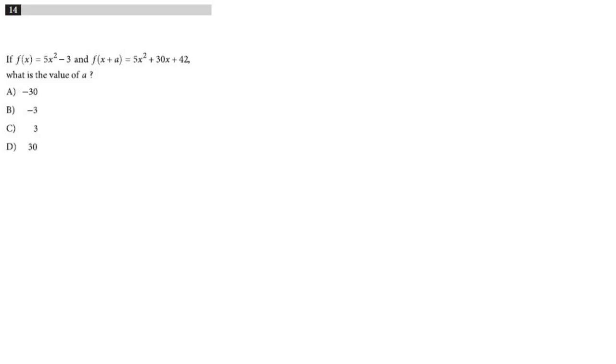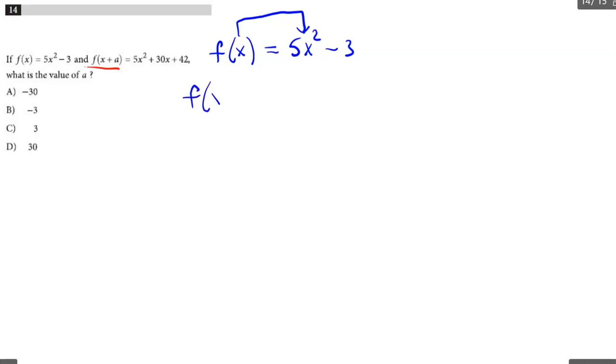All right, so big thing I have to realize here is that if f of x equals 5x squared minus 3, so notice that this x goes right in here. So if I want to find f of x plus a, if I want to find this part, what I'm going to do, f of x plus a should be, everywhere where I see an x, I'm just going to stick an x plus a in there.